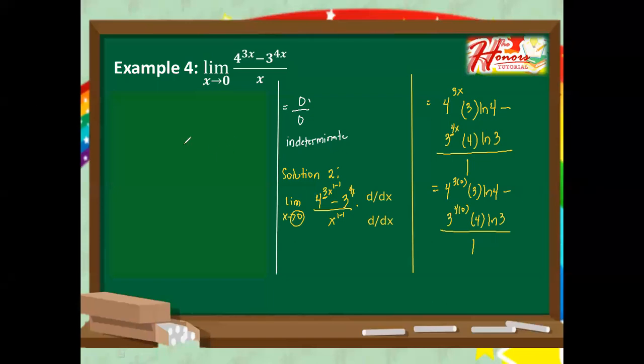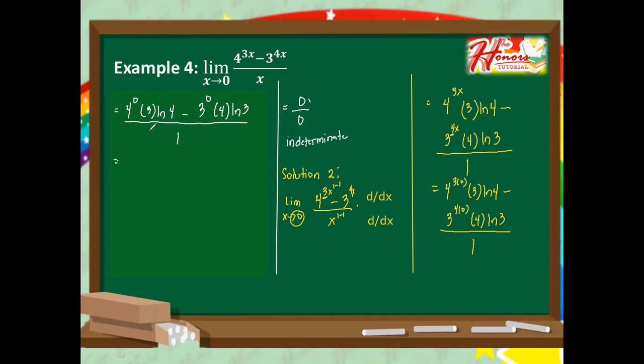Let's continue. So now we have here 4 raised to 3 times 0, that's 0, times 3 ln 4 minus 3 raised to 4 times 0, that's 0, times 4 ln 3 all over 1.